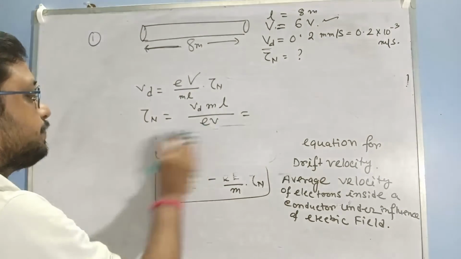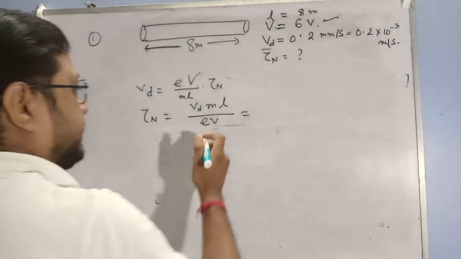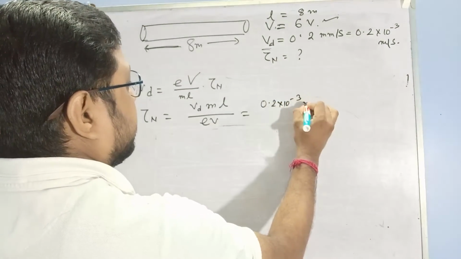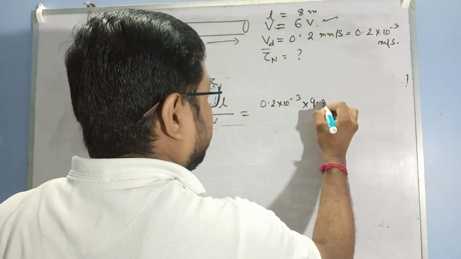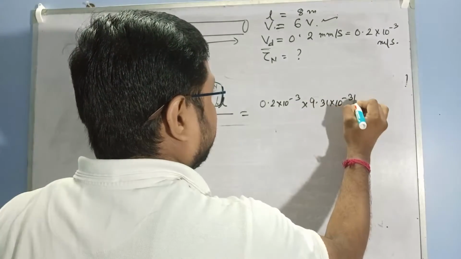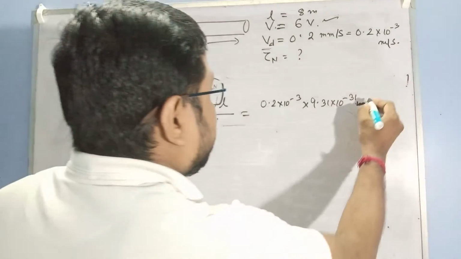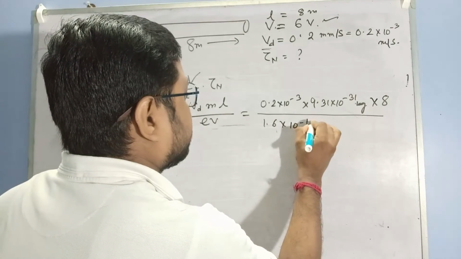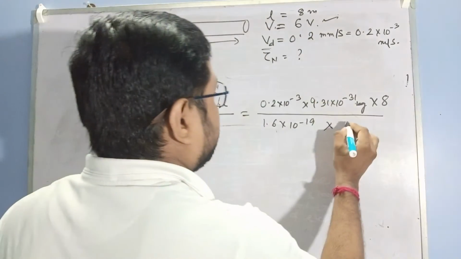If we put the values of the given physical quantities, Vd equal to 0.2 into 10 to the power minus 3, m is the mass of electron, 9.31 into 10 to the power minus 31 kg, L is given as 8, e is 1.6 into 10 to the power minus 19 coulomb, and the potential difference V is 6 volt.